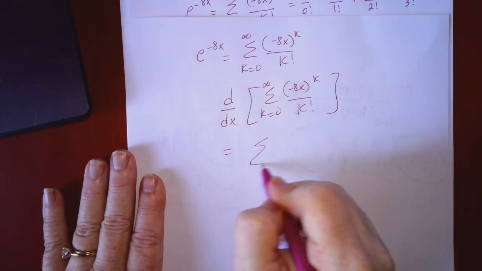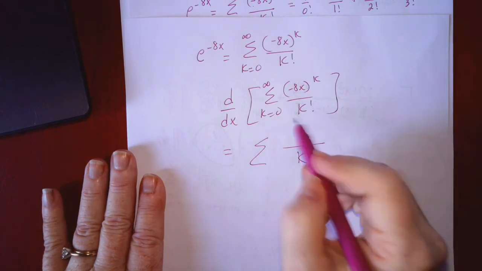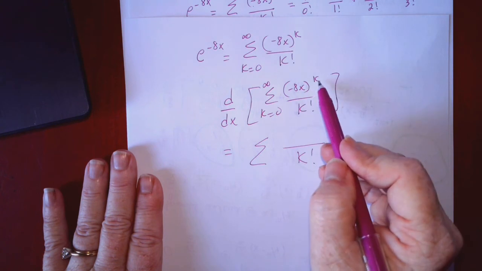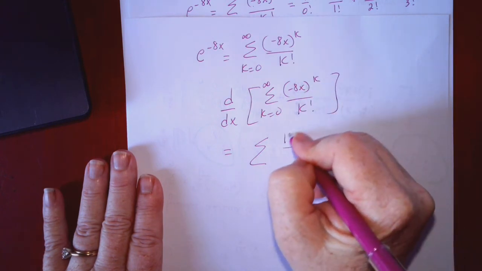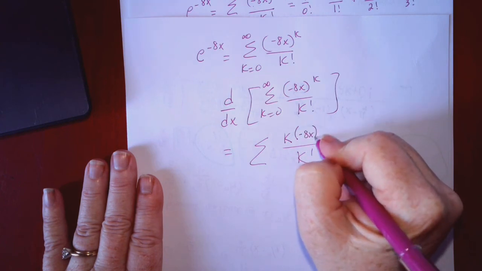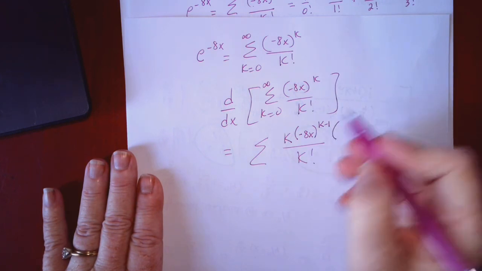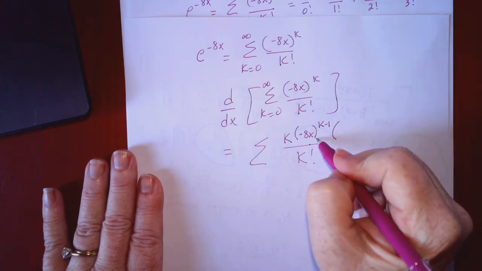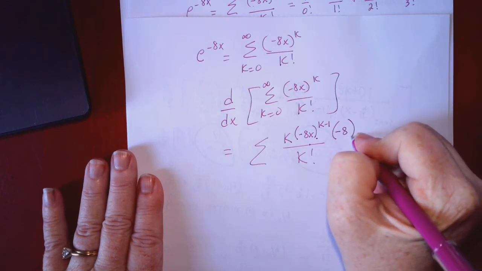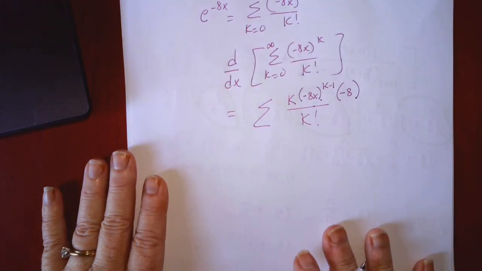Well, we'll have a summation of the k factorials just hanging out down there because it's just a constant for each k. The derivative of negative 8x to the k would be k times negative 8x to the k minus 1 times the derivative of negative 8x, which is negative 8. Okay. Is everybody okay with that part so far?